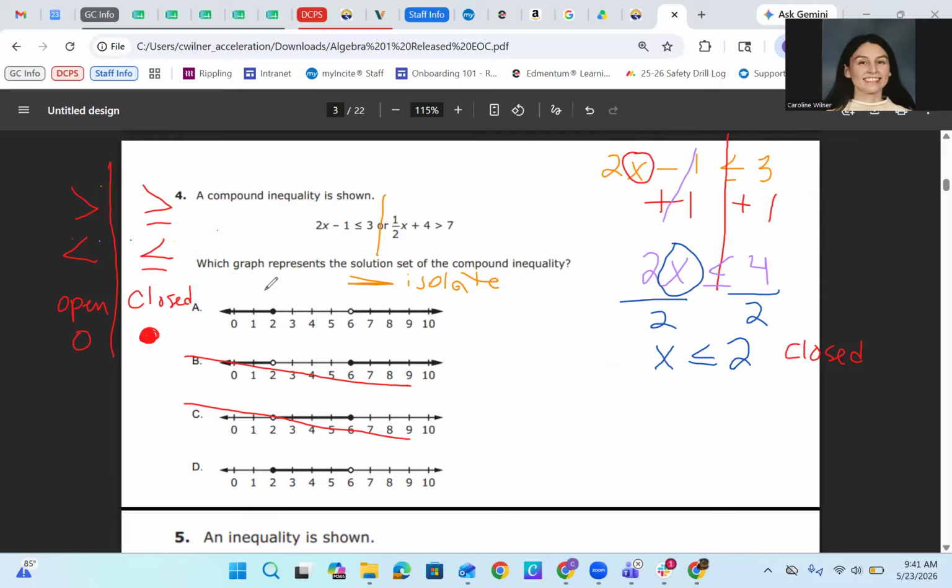If your inequality is eating the number, you are shading left. Well, obviously the opposite of that, if it's eating the variable, you're going to shade right.